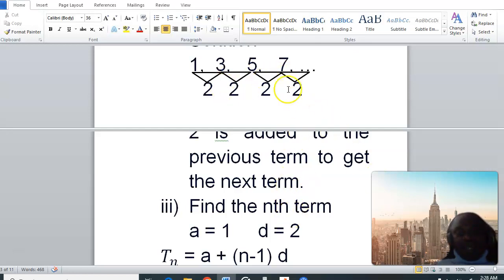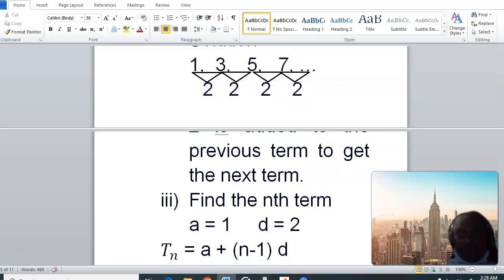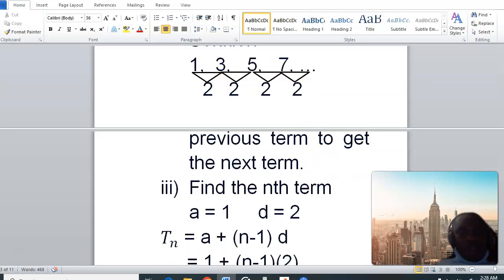What formula can make the pattern? It is the same thing. Now we are going to use our formula. Our A is 1. Our D is what? 2, the common difference. A is the first term and D is the common difference.